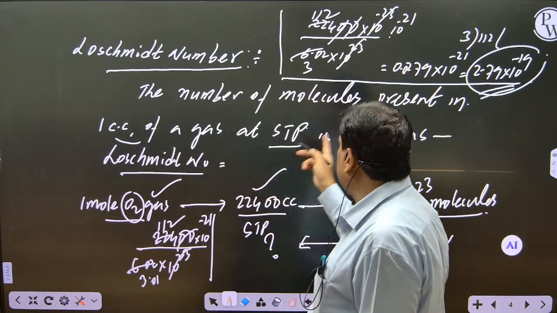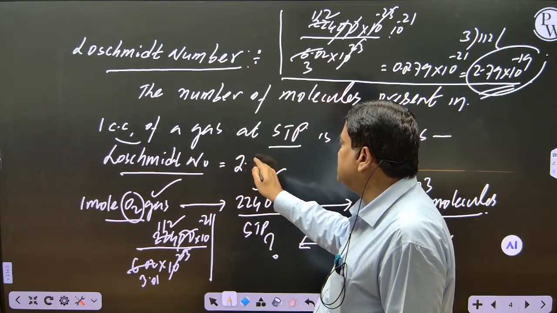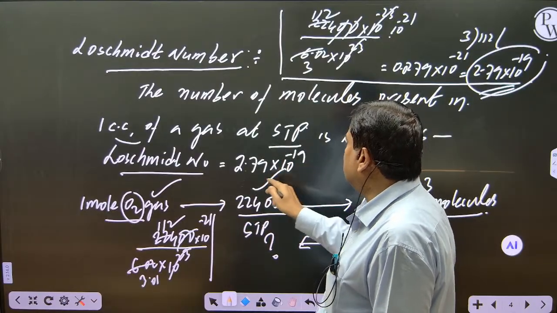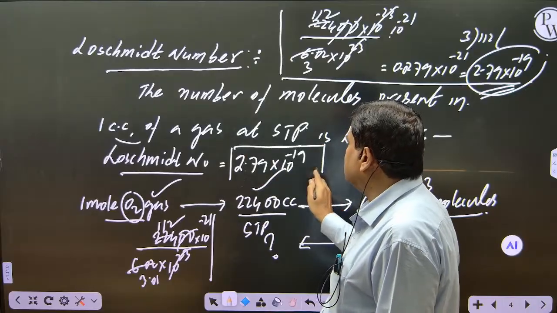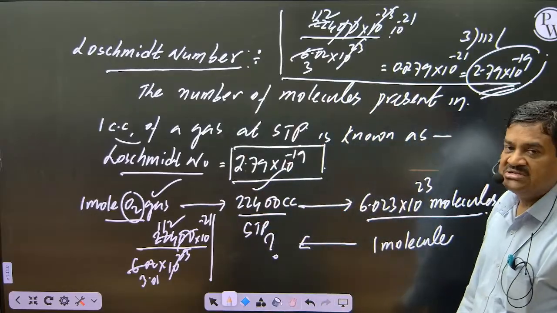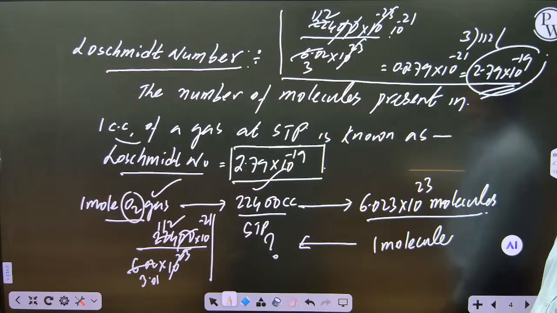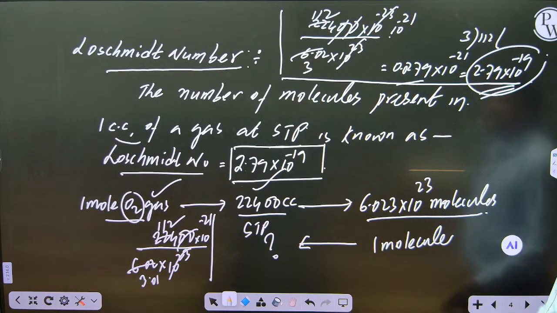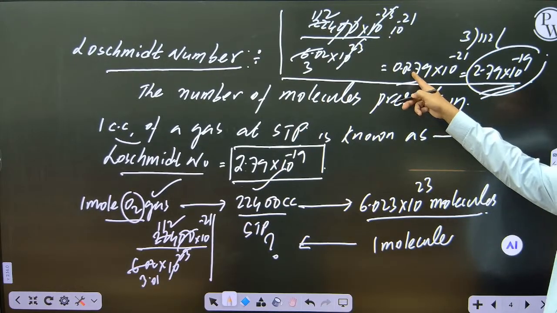If you remember, well and good, the value is 2.79 into 10 power minus 19. This is the number called Loschmidt number. What is Loschmidt number? How many molecules are present in 1 cc of gas? Check, all of you.